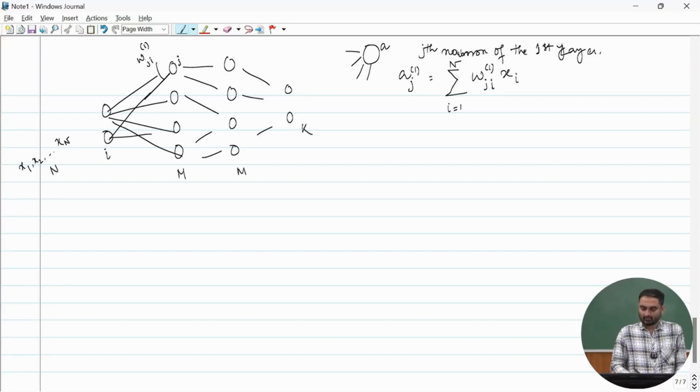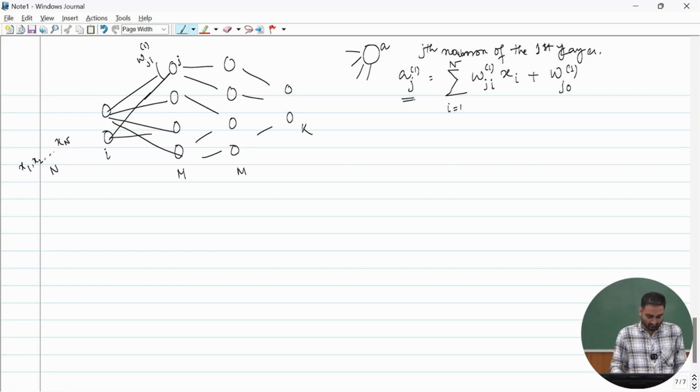Pay attention to the notation again, right? And we have a bias Wj0. Now this bias is fixed for a certain neuron. For jth neuron, the bias is Wj0. Let's say for ith neuron, the bias is Wi0, and so on and so forth. So this is the aggregation.